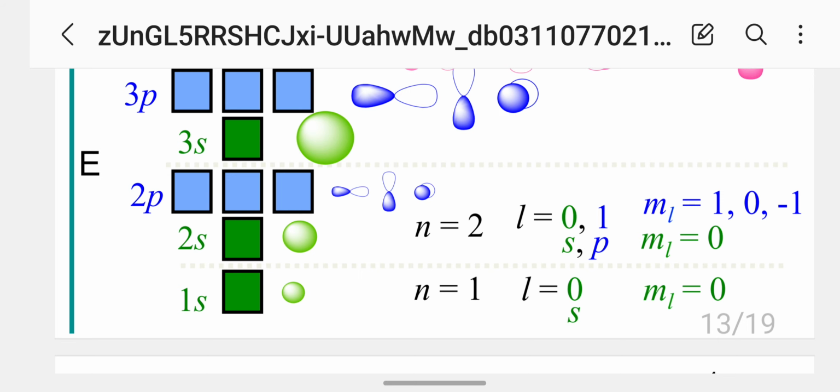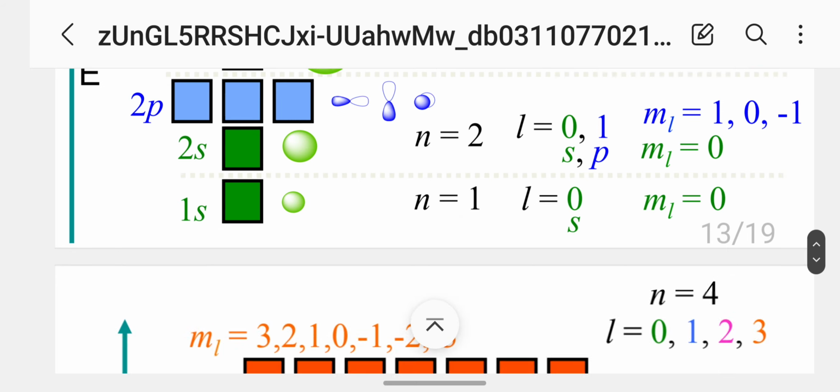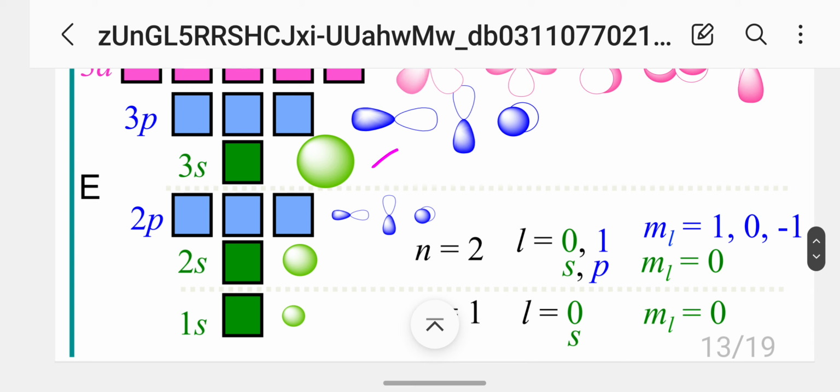So it's one shell, which is described here. Afterwards we have the 2p orbital, whose existing orbitals are those, and their principal quantum number and orbital magnetic quantum number are given there.